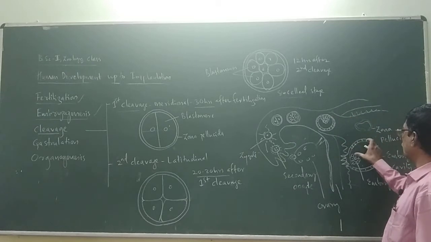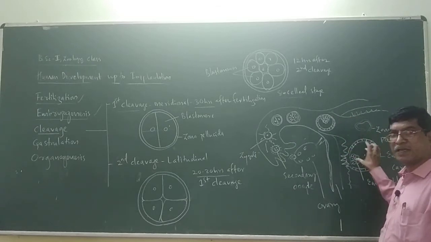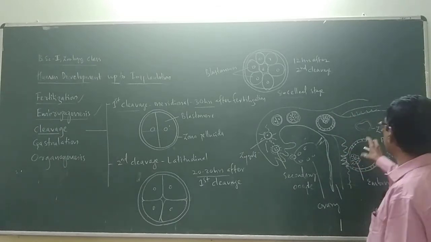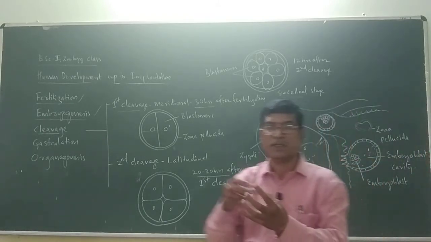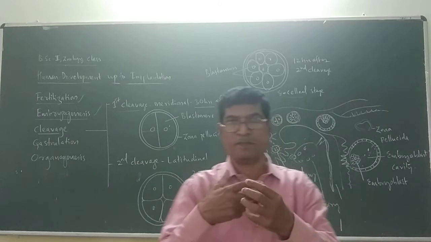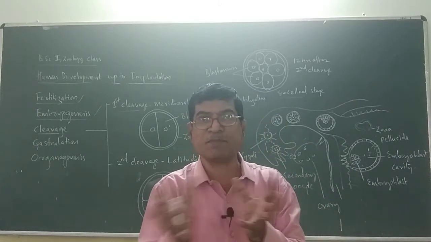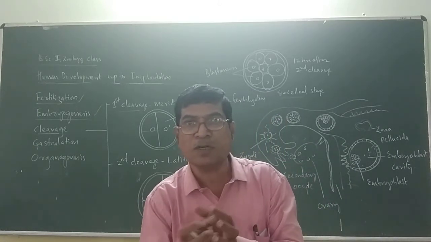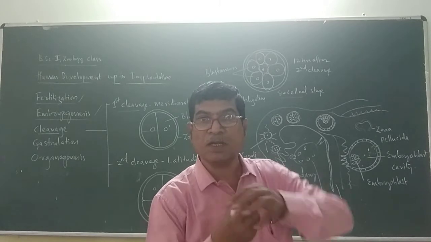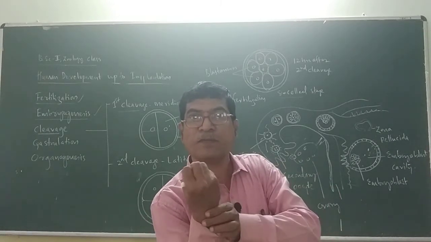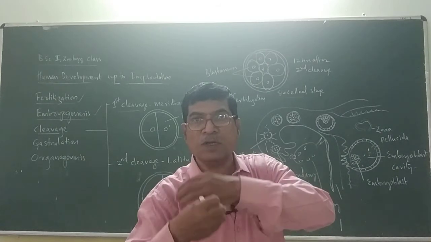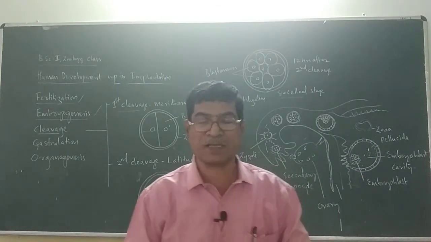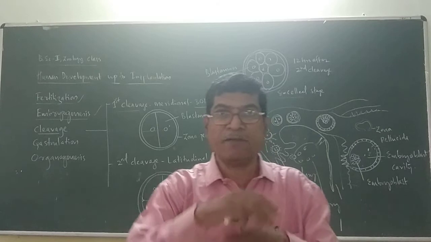Now, when it comes to the cavity of the uterus, as the size of the embryo increases, the external covering, zona pellucida, gets ruptured. Now the embryo comes out of the zona pellucida, and the embryo is surrounded by trophoblast cells, larger and flattened cells.